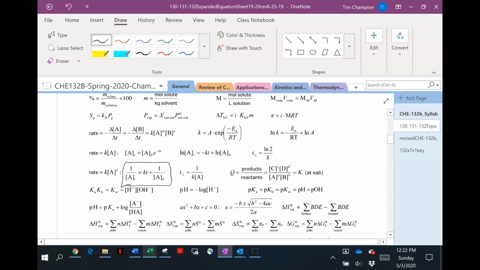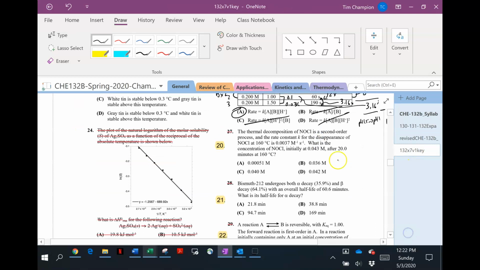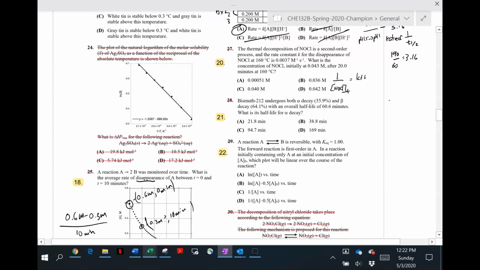So 1 over A at time t equals kt plus 1 over A naught. So 1 over what we're trying to get, NaCl at time t, is equal to kt plus 1 over the NaCl initially.